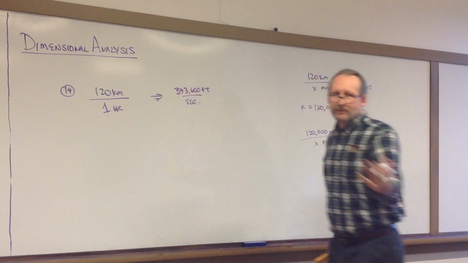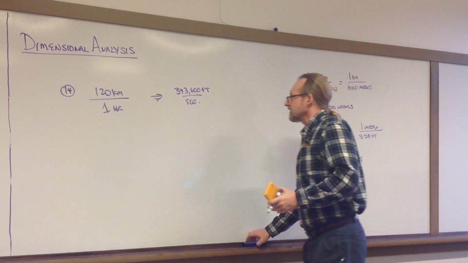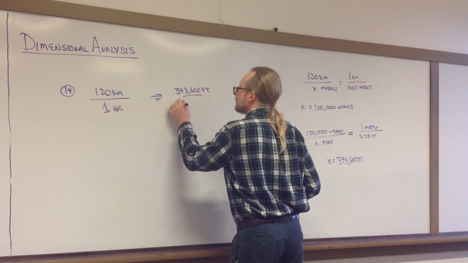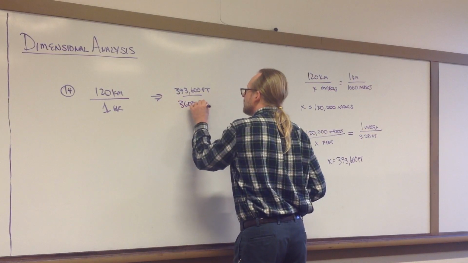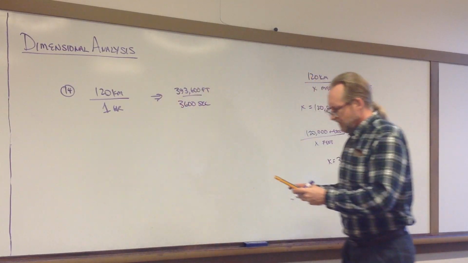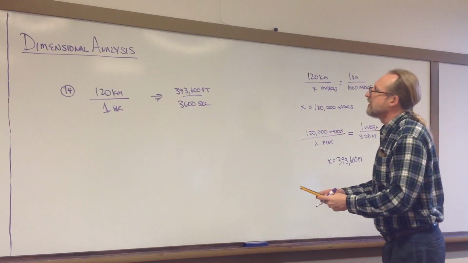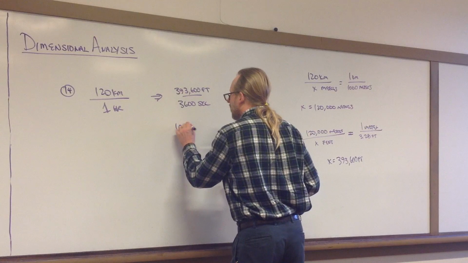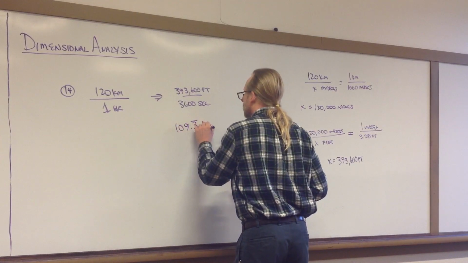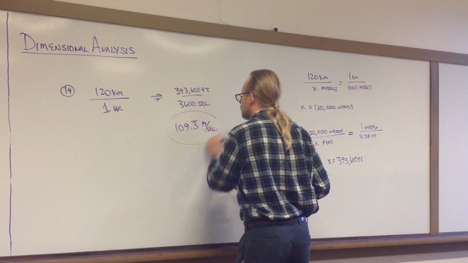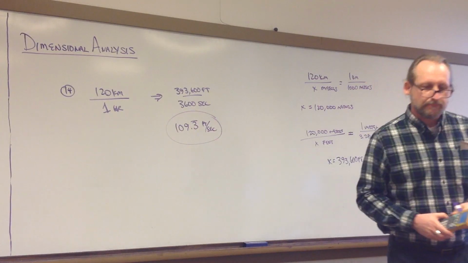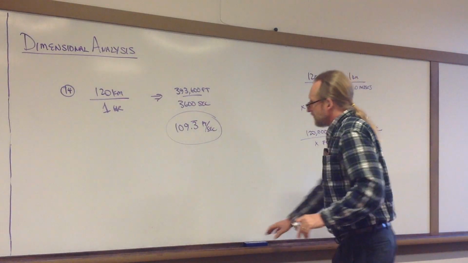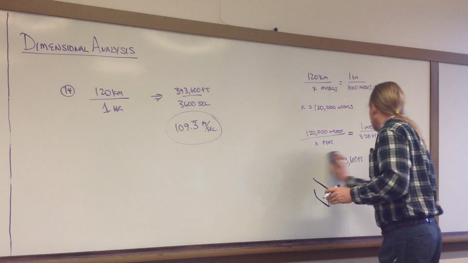Now to go from hours to seconds, we've talked about this on previous problems. 1 hour is 3,600 seconds. So now we divide 393,600 by 3,600, and get 109.3 repeating feet per second. All right, so there's how to do it using proportions.